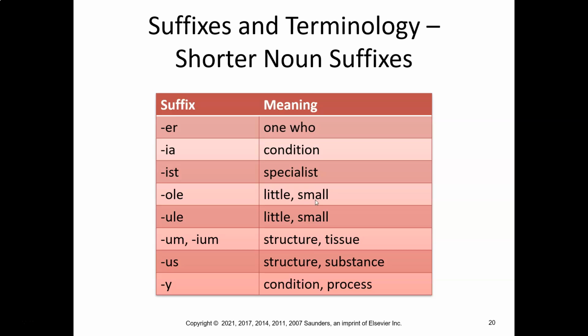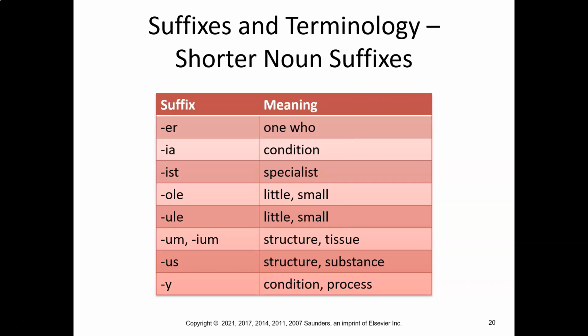Ol is little or small, like an arteriole is a small artery. Ule is little or small, so like a venule is a small vein. Ium is a structure. Pericardium is a structure surrounding the heart. Us is also a structure or substance. And then Y is condition, process.